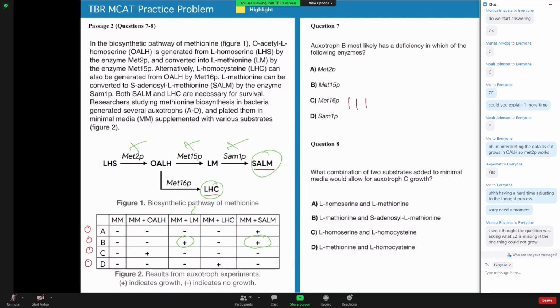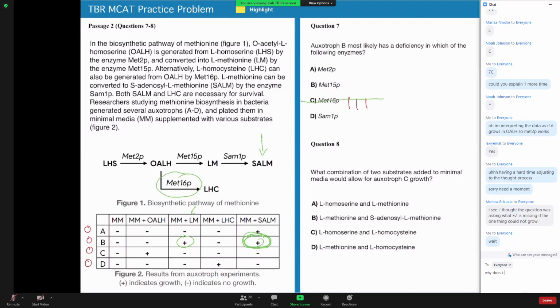So based on, here, too much writing, right? If you look at SALM right here, that means I fed it this and it grows, which means that by default, this thing has to be working, right? Does that make sense? And so you can eliminate 16P. Start eliminating answers.